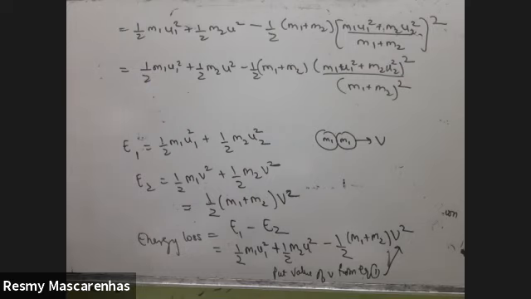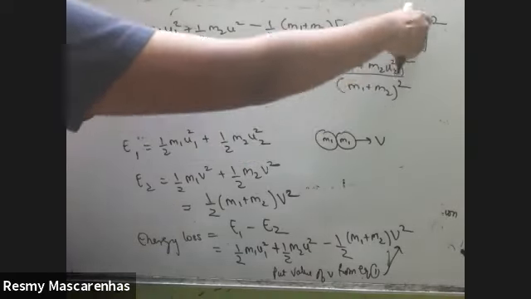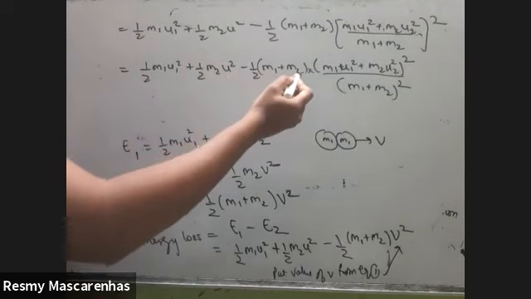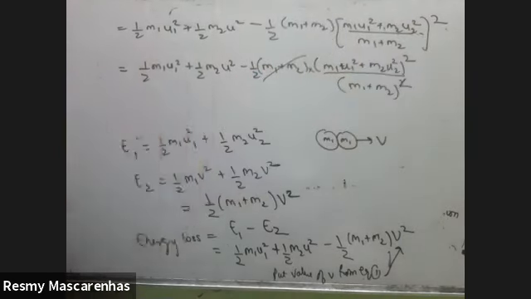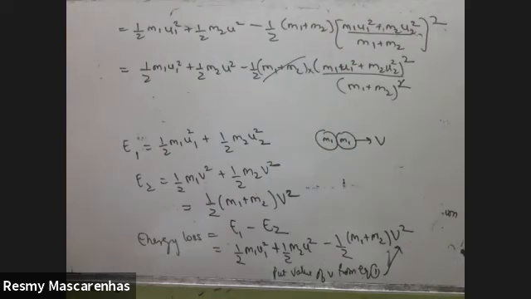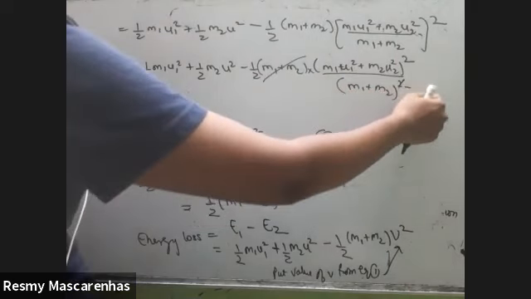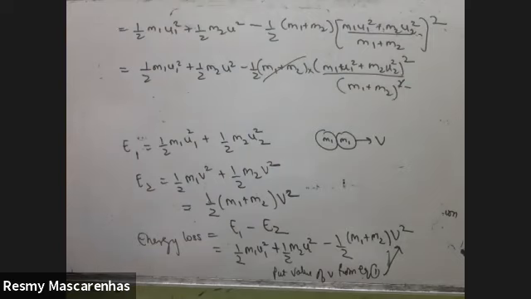If it was a upon b the whole square, it's like a square upon b square. So this square belongs to numerator and denominator. Now it's the same thing, multiplication. Square means writing two times, m1 plus m2 into m1 plus m2. So one of them will cancel with this one. They are the same terms, m1 plus m2.